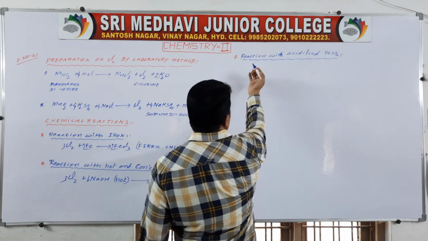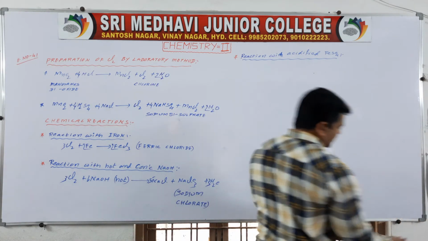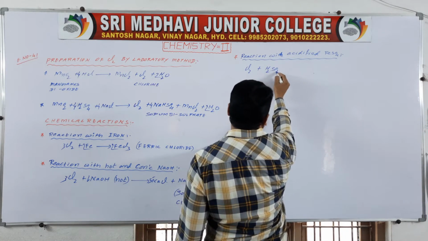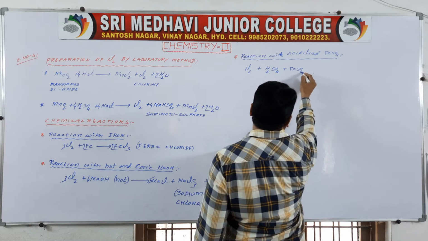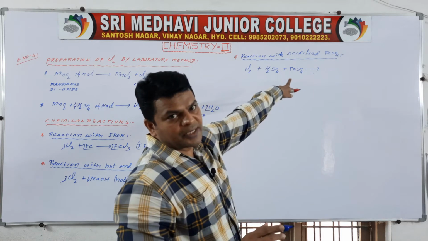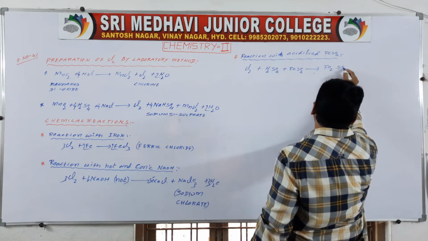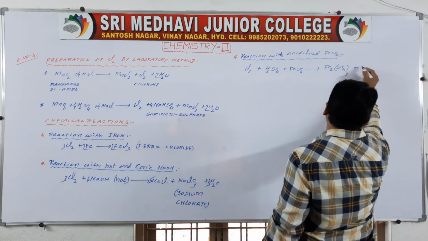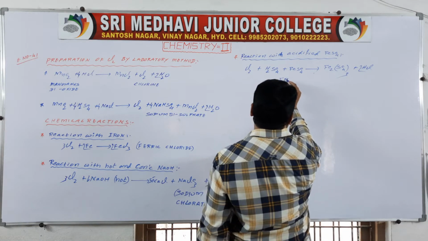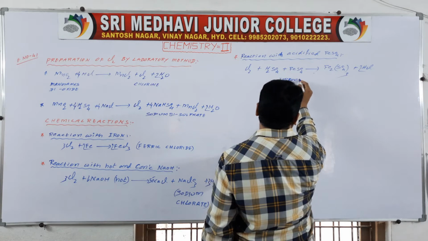Okay, see here, first chlorine reacts with acid plus FeSO4, because it is acidified FeSO4. FeSO4 means ferrous sulfate. See here, Fe2(SO4)3 is formed plus 2HCl is evolved. It is ferrous sulfate.